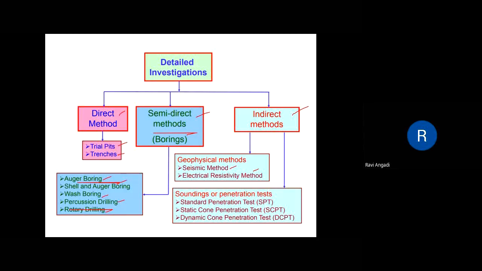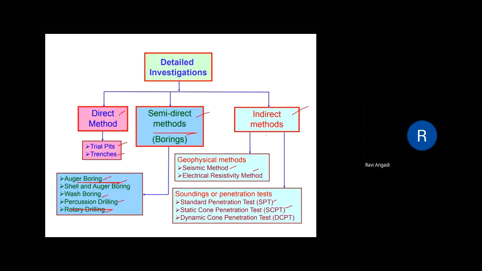They are geophysical methods: the seismic method and electrical resistivity method, and one more is sounding or penetration tests. In sounding and penetration tests, there is the standard penetration test, the SCPT test, that is the static cone penetration test, and the dynamic cone penetration test. These methods we will discuss in the next session.